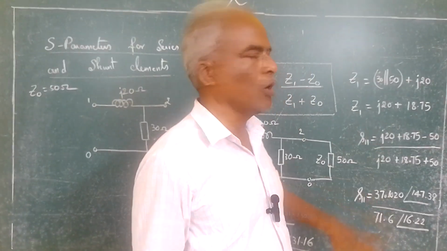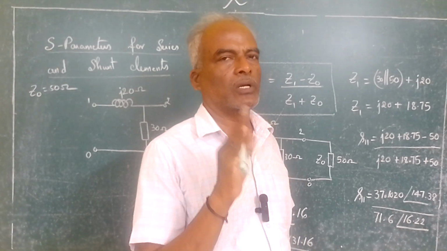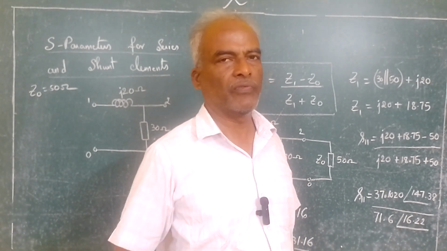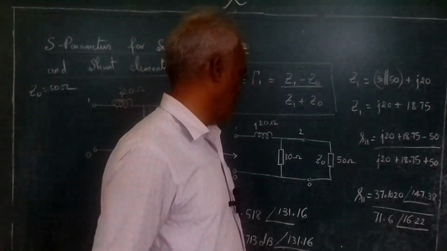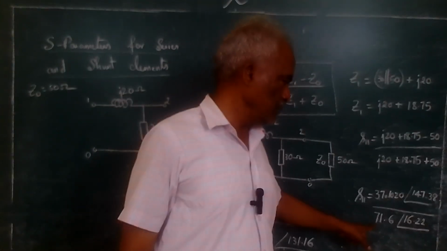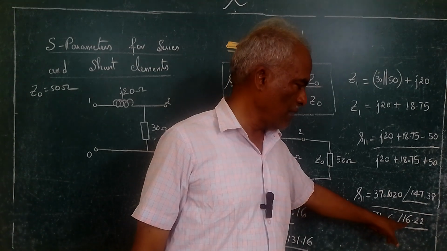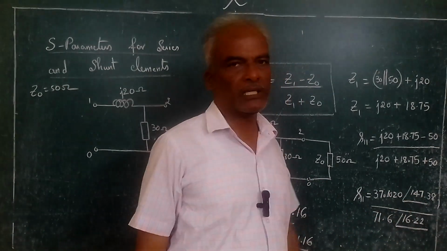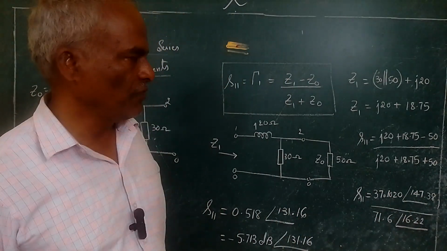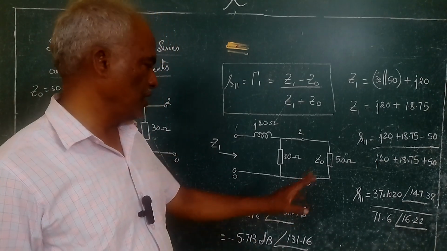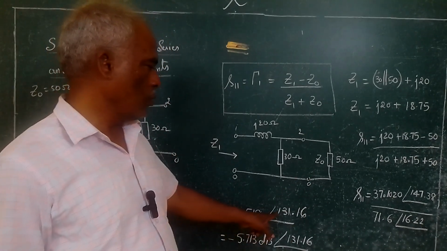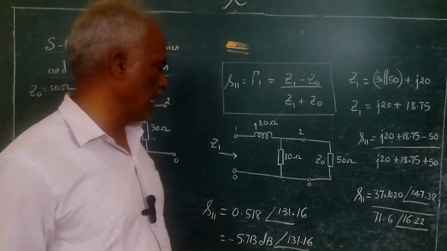I hope you know how to convert rectangular to polar or polar to rectangular with the help of a calculator. So you divide 37.1020 by 71.6, and the angle in the denominator is subtracted from 147.38, so you get 131.16 as the angle.